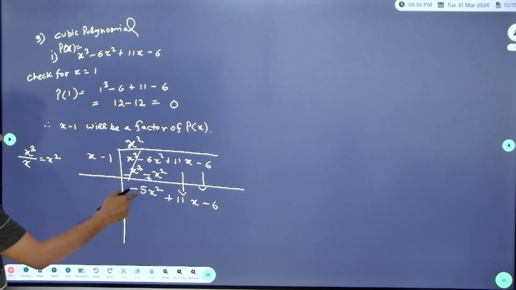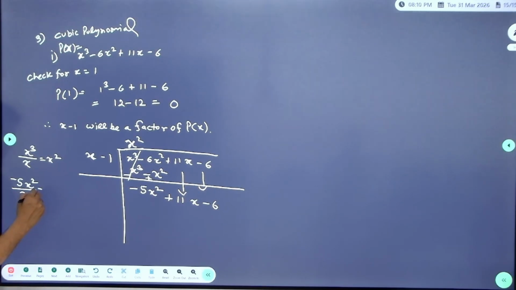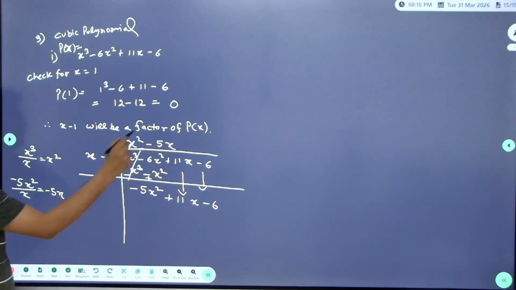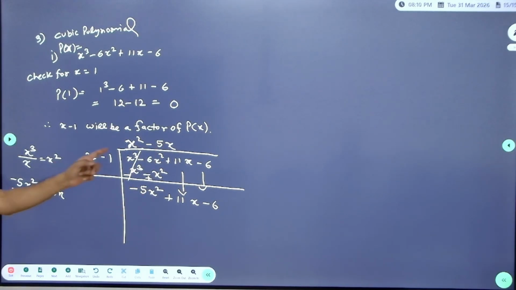Now again we have to divide. So we divide the first term, minus 5x square, by the first term x. Minus 5x square divided by x is minus 5x. I'll write minus 5x here. Then multiply minus 5x with these two.